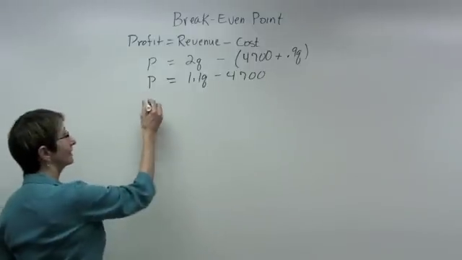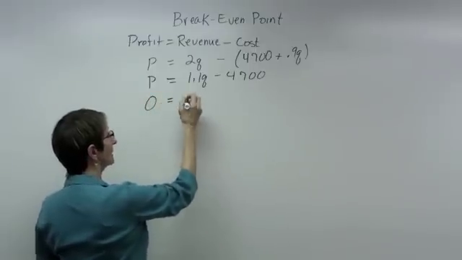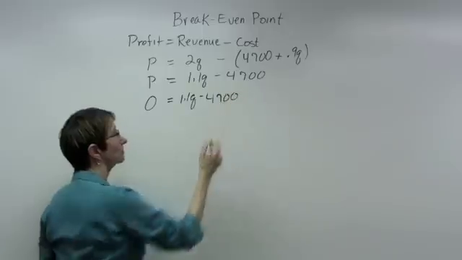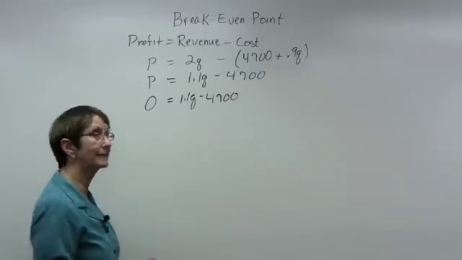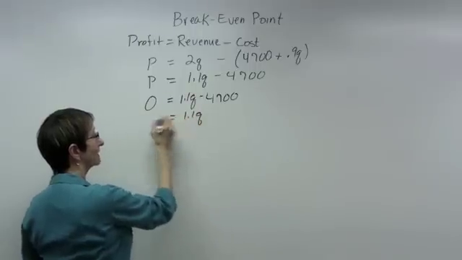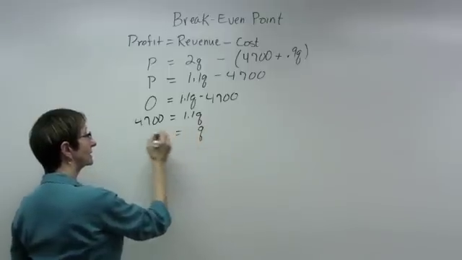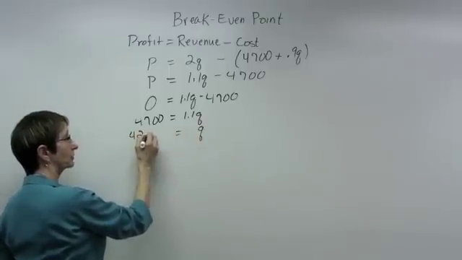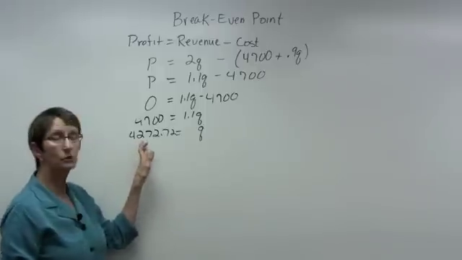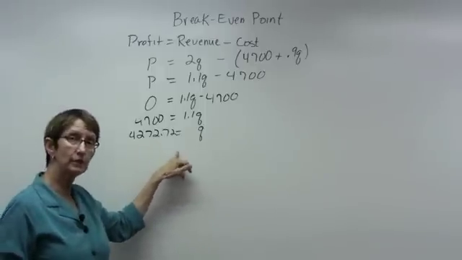So if profit is 0, then 1.1Q minus 4,700 is equal to 0, and we'll solve and find out what quantity will let the company at least break even. Add 4,700. So Q is about 4272.72, about 4,272 pencils.